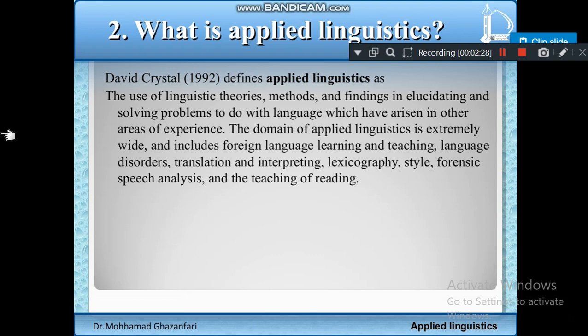And the example that is given a lot is the example of speech impediment and how we use the tools of linguistics, and after that applied linguistics, as tools to help us do therapeutic work and solve the issue of this speech impediment.